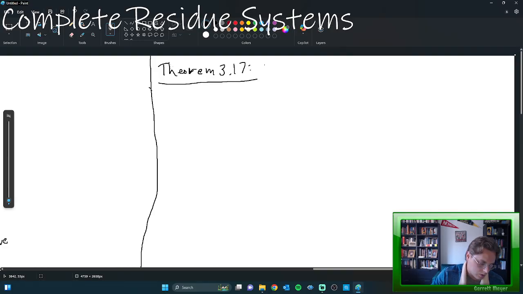So this is theorem 3.17, and it goes, let n be a natural number.